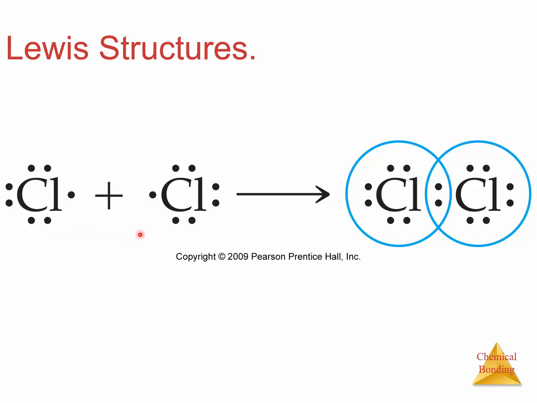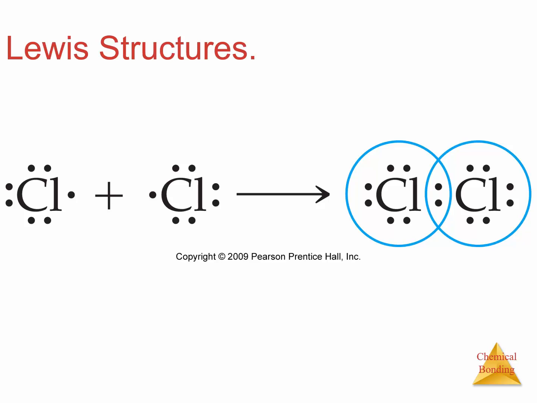Another example: formation of a covalent bond between two Cl atoms to give the Cl2 molecule can be represented in a similar way, as you can see here, by sharing the bonding electron pair. Each chlorine atom has 8 electrons, an octet, in its valence shell, thus achieving the noble gas electron configuration of argon.